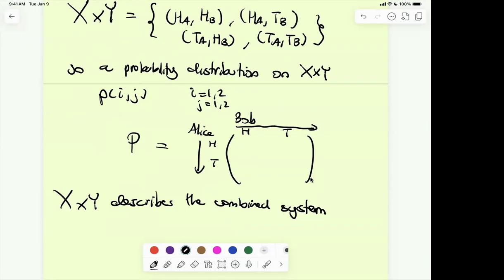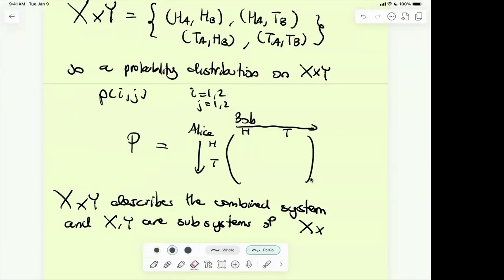And the outcomes Alice could get or the outcomes Bob could get are subsystems of all that can happen, right?